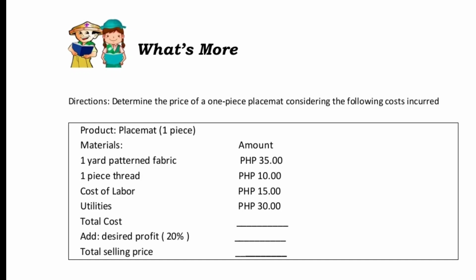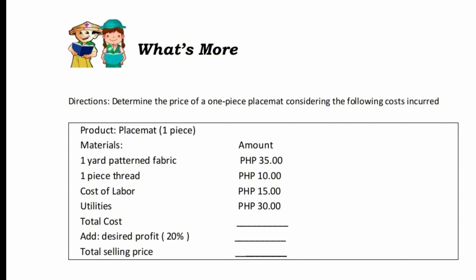Directions: Determine the price of a one-piece placemat considering the following costs incurred. We have here the materials needed: 1 yard patterned fabric, 1 piece thread; cost of labor to be calculated based on hourly wage; utilities cost to be calculated based on usage; desired profit, 20% of the total cost.